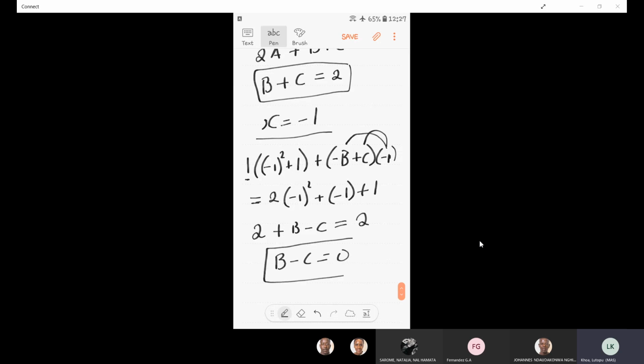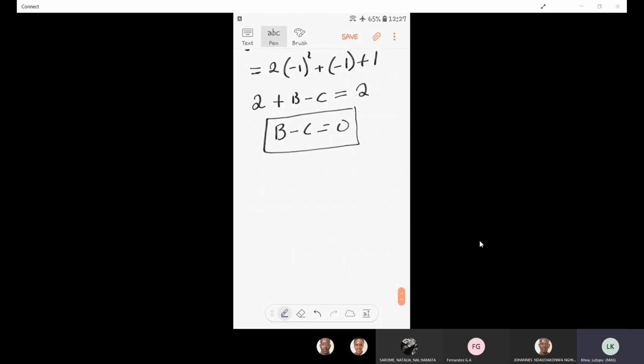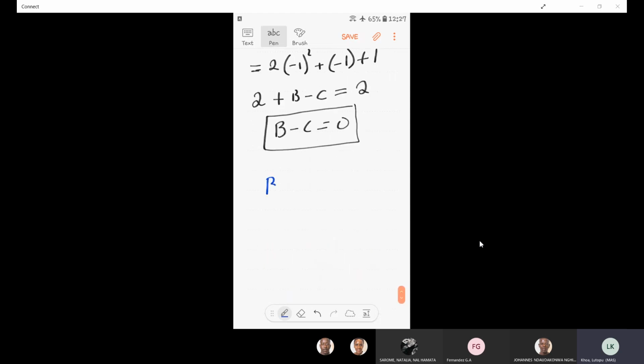So again, I have two simultaneous equations. I need to solve them. So I'm going to do it over here. I'll solve by elimination. So I have b plus c is equal to 2. Then b minus c is equal to 0. The coefficients of b and c are all equal, so I can start by subtracting.